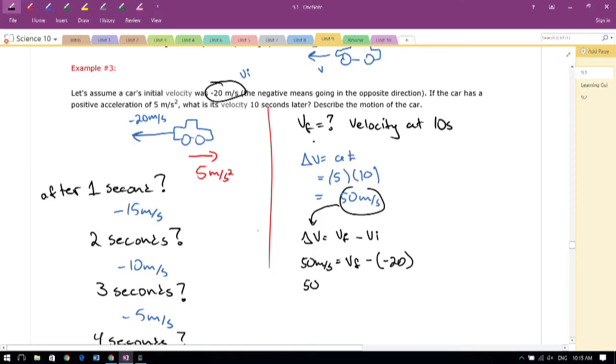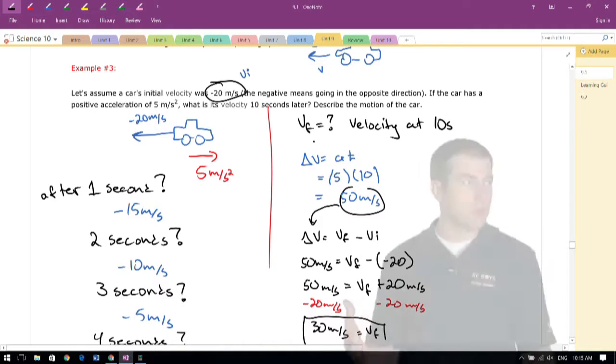And if we're going to do some algebra here, our final velocity is going to be, two negatives gives me a positive, and then I'm going to have to subtract 20 from both sides. So 30 meters per second forward is going to be your final velocity.